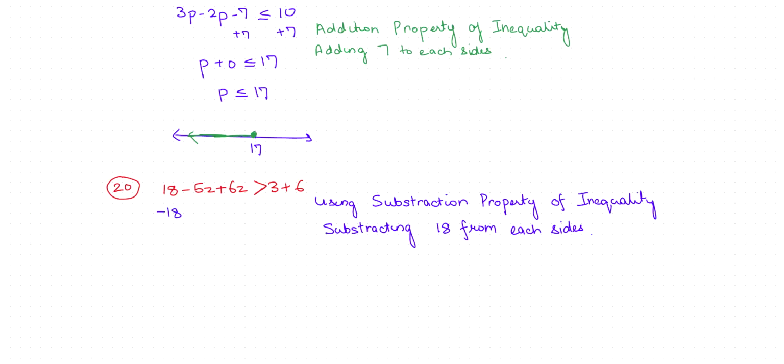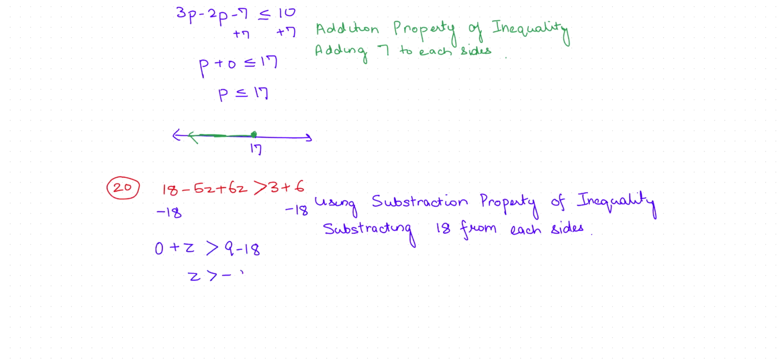Whatever we do to the left side, we also do to the right side. So 18 minus 18 is 0, minus 5z plus 6z is 1z or simply z, and this is 6 plus 3, 9, minus 18. So z is greater than -9.